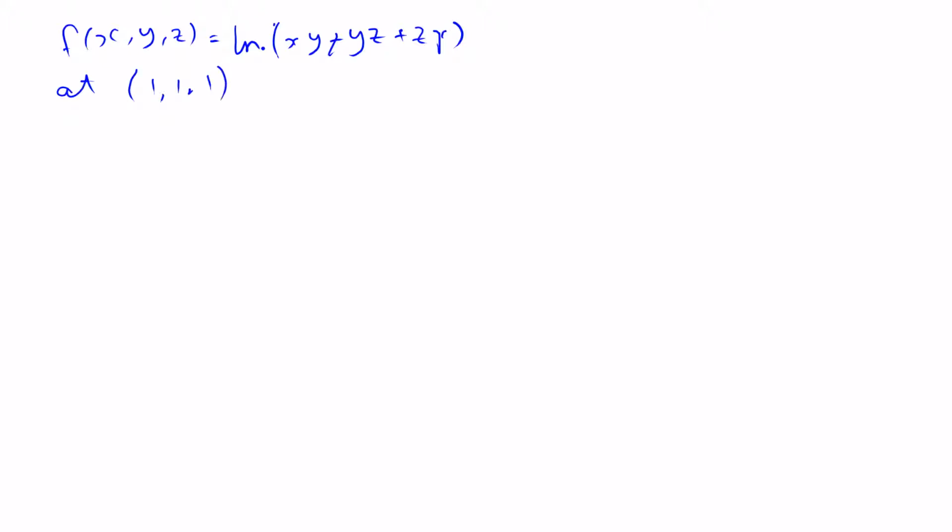So x equals 1, y equals 1, z equals 1. And we want it in the direction from 1, 1, 1 to -1, -2, 3.